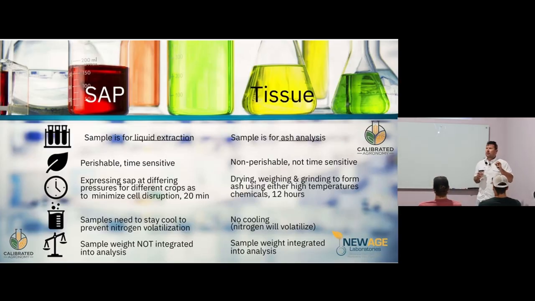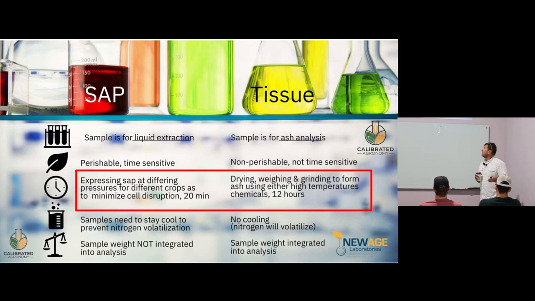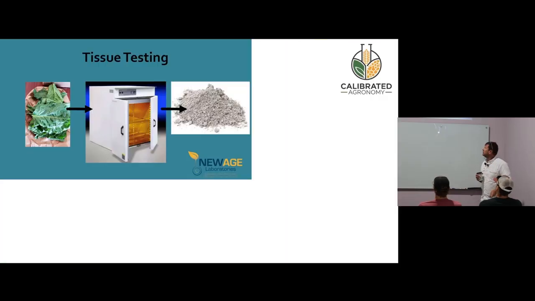Tissue is different: they grind the leaf, dry it, and look at the total nutrients that have been stored in that plant. Sap is a look at what is being consumed. It's the flow from the root up, and it gives us a little different picture that has uncovered a lot of things. The big thing is they use pressure to disrupt that sap, but not all the cells, so it's really just what's flowing to the plant.